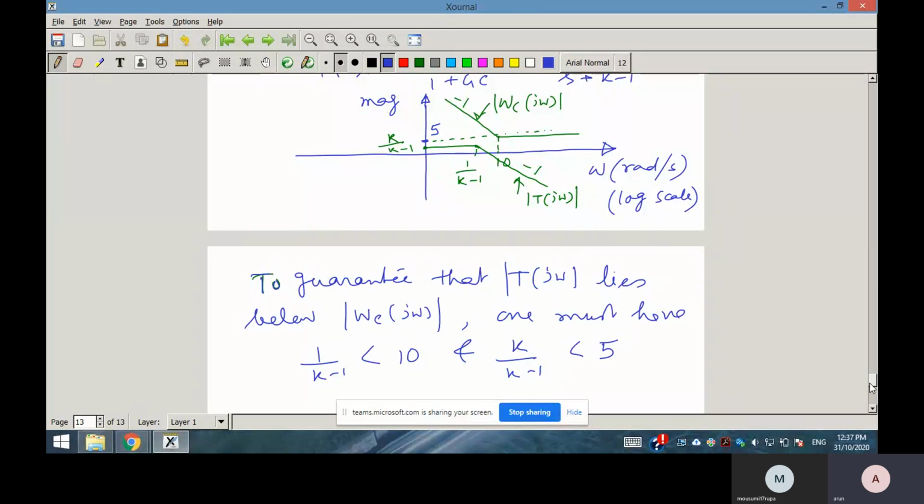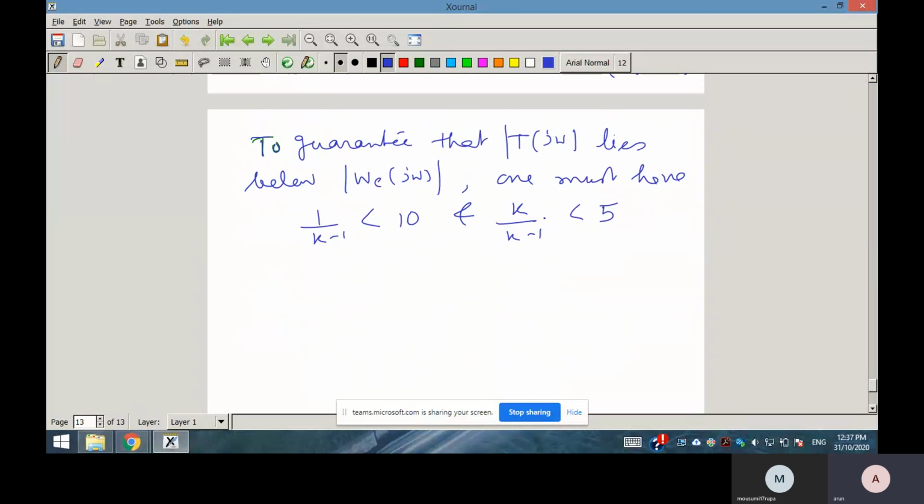So satisfying both the inequalities above, you can easily say, from here you will get k greater than 1.1, and from here you will get k greater than 1.25.